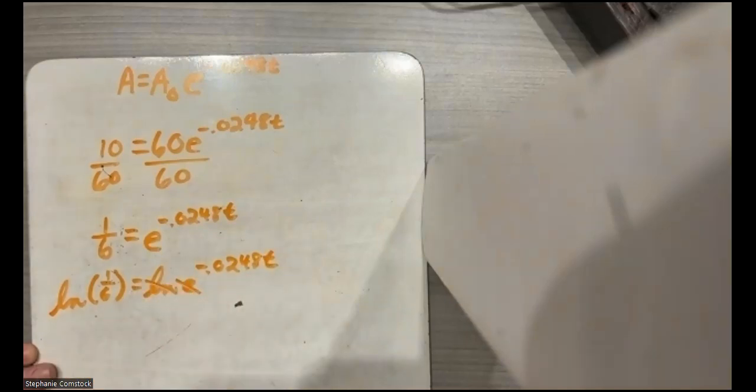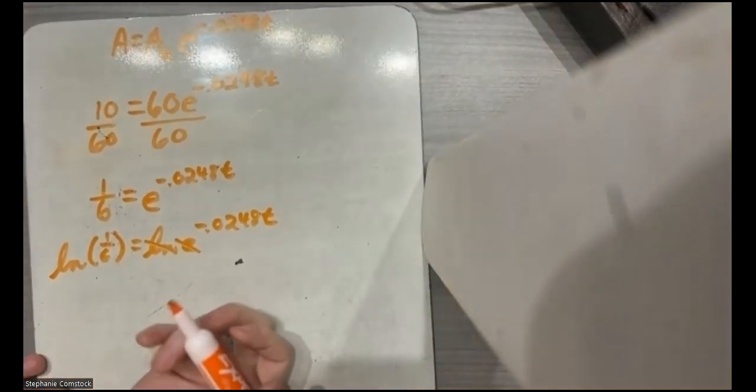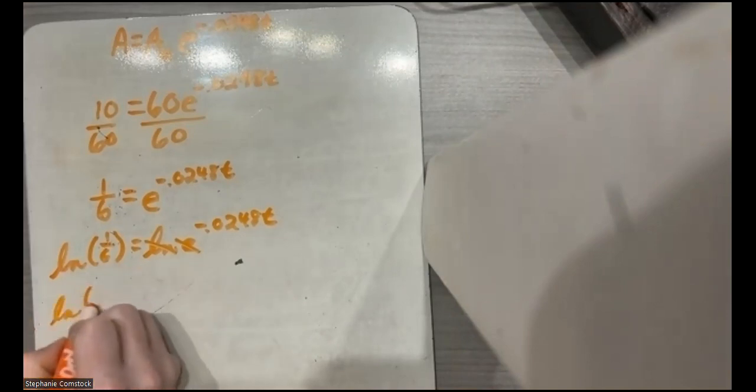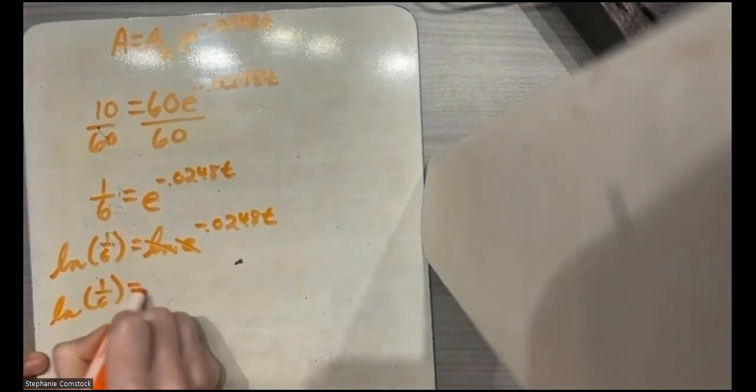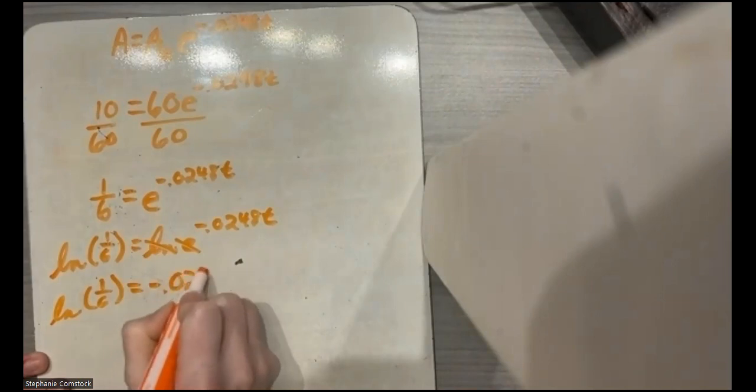Again, natural log and e cancel each other out. That's our whole point of that. Now I'm going to have natural log of 1/6 equals negative 0.0248 t. And I'll finalize by dividing off that negative 0.0248.